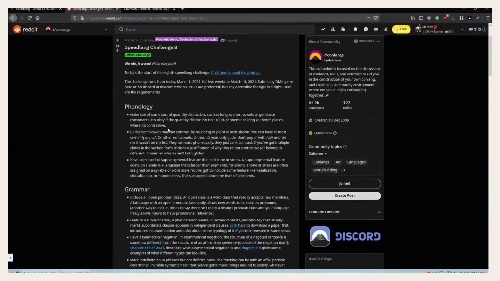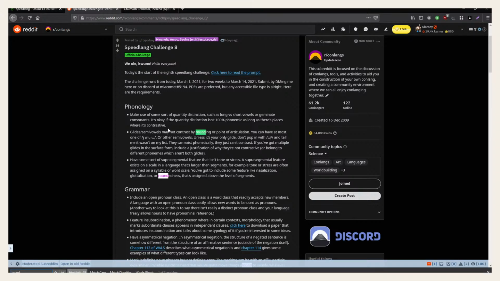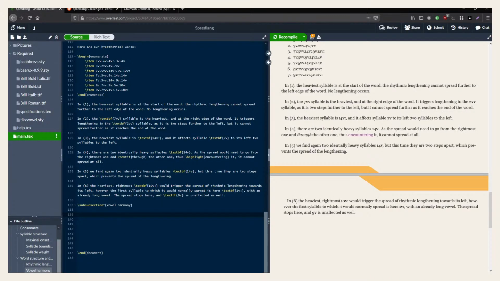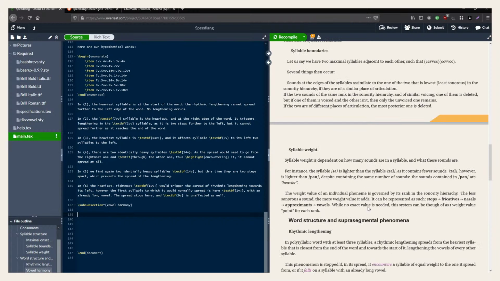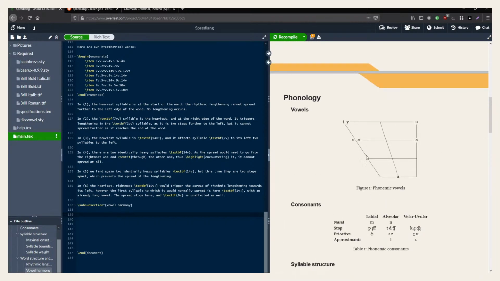And did it say something about rounding? Glides and semivowels may not contrast by rounding, okay? And that, however, can be a thing. Okay, so we do have some rounded vowels. They are only high in front. I want the unrounded vowels to trigger something in the already rounded vowels.